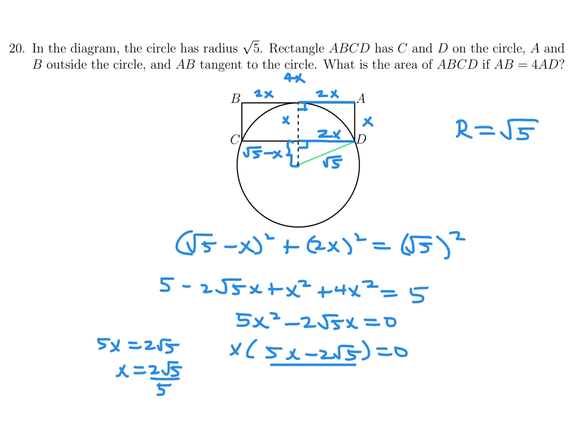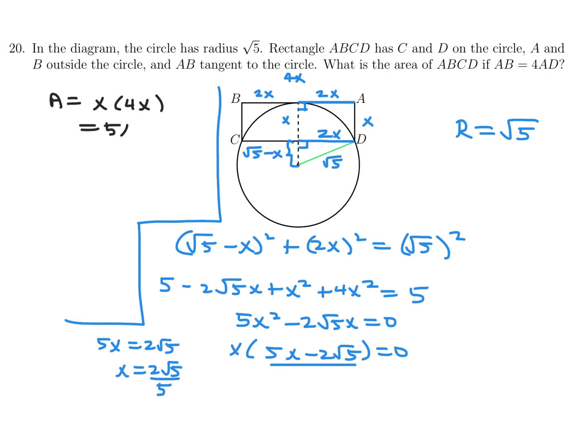And then what are they asking us for? ABCD, the area of ABCD. Well, ABCD is a rectangle, so the area would be x times 4x, right? So 5x squared. Yeah, 5x squared. Okay, so x we got was 2√5 over 5.